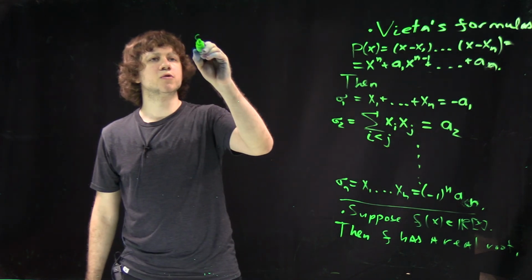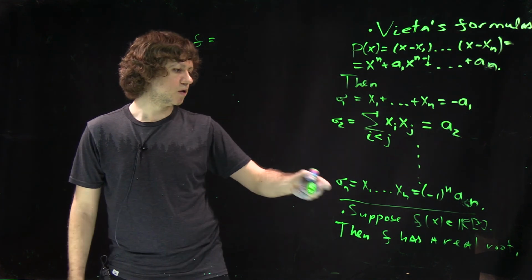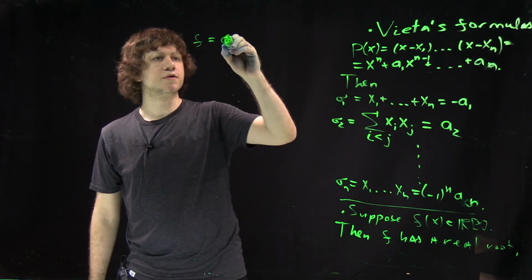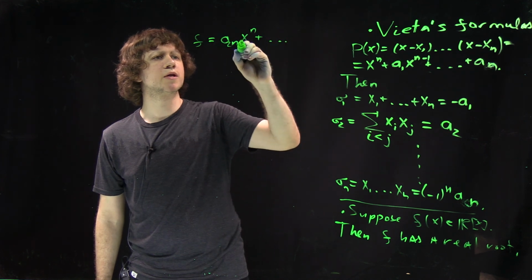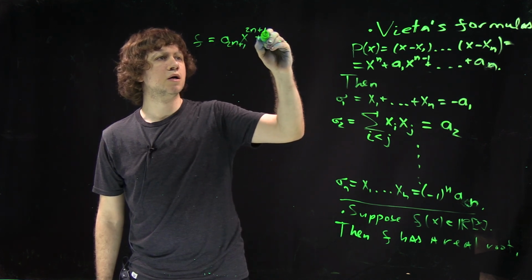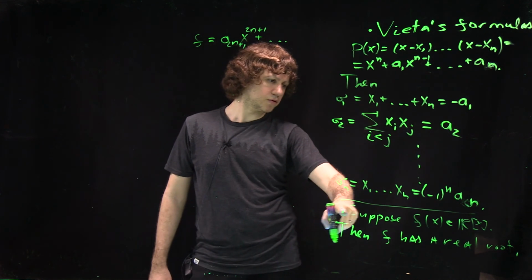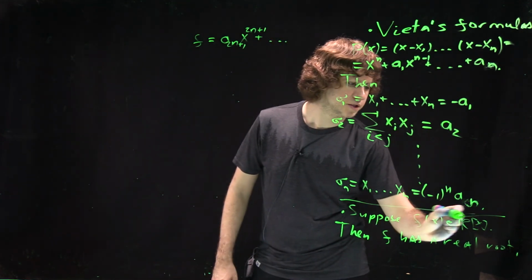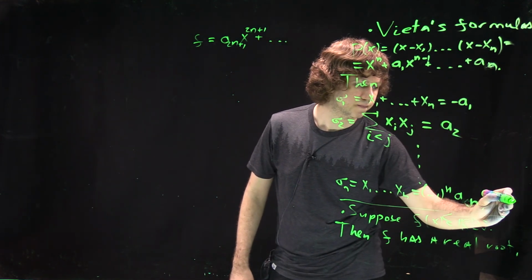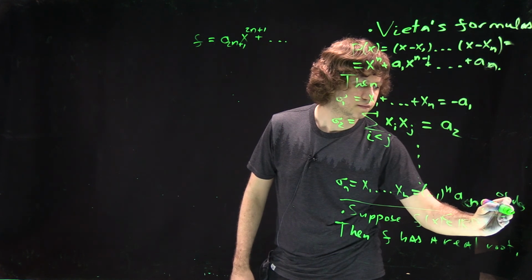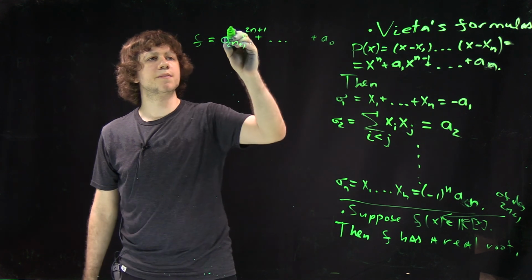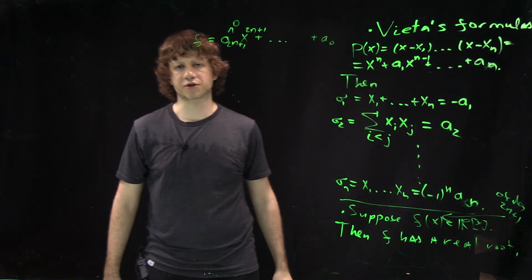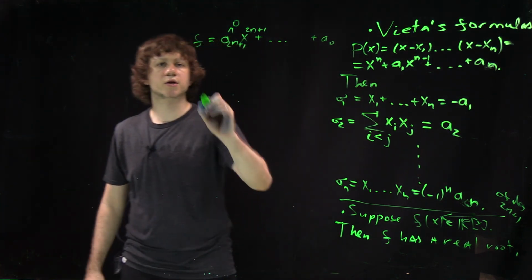Your polynomial has leading coefficient, say a power n, x power 2n plus 1, and so on, up to a0. Let's suppose that the leading coefficient is positive, because otherwise you just multiply by minus 1.